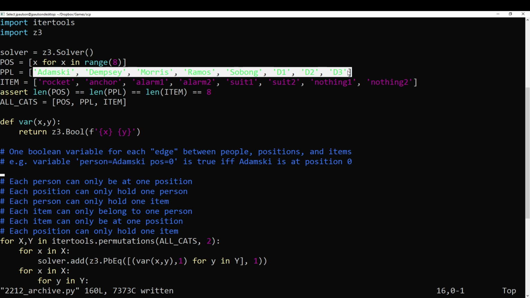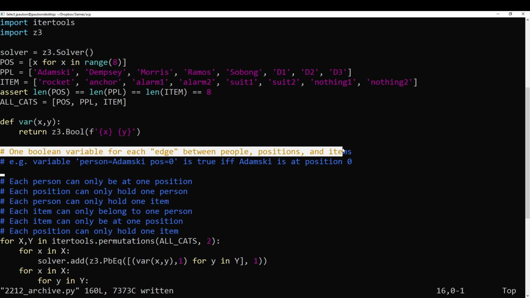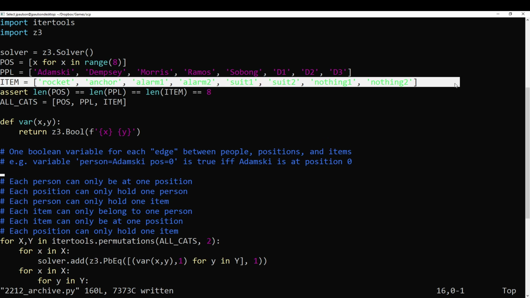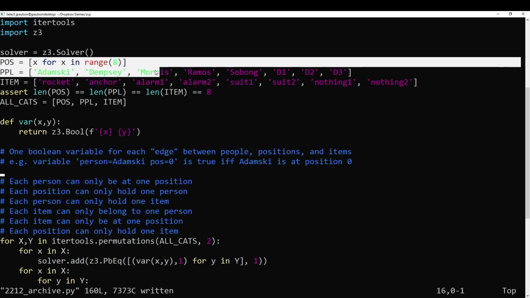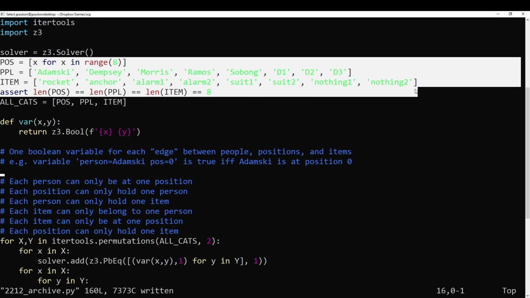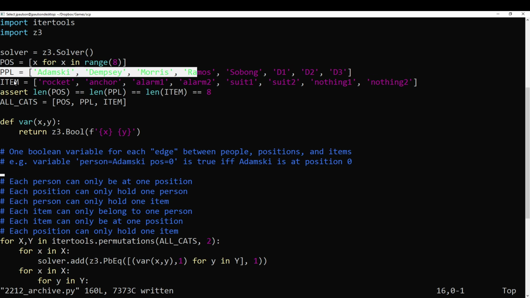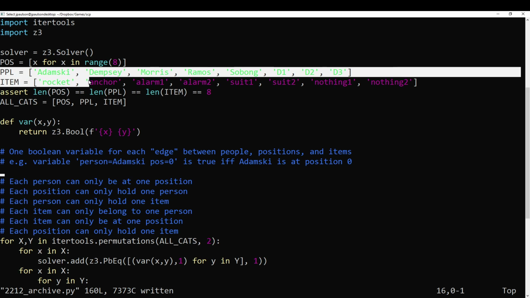There's a grid of people across the positions, and 8 of those are going to be true and 56 of them are going to be false, but there are 64 in total. We're going to have the same thing for people across items, and also for items across positions. One of these sets is kind of redundant, because if you know where people are and where items are, then you know which people have which item.